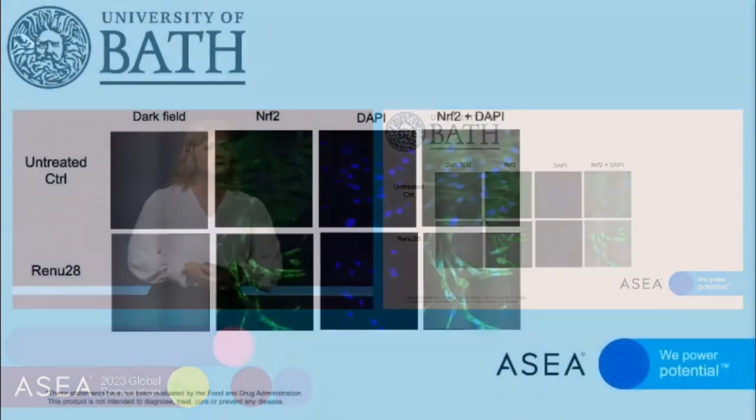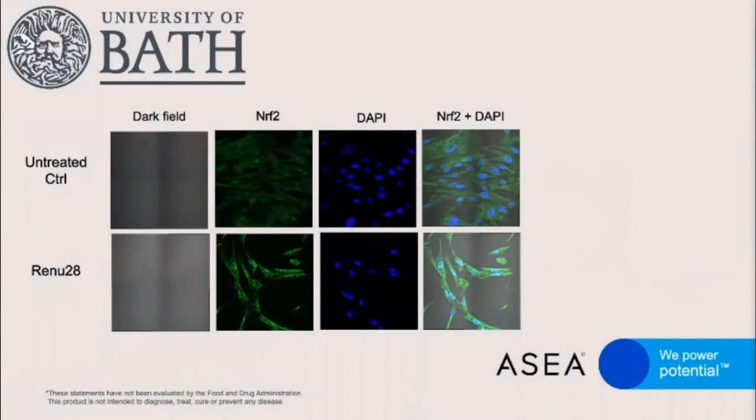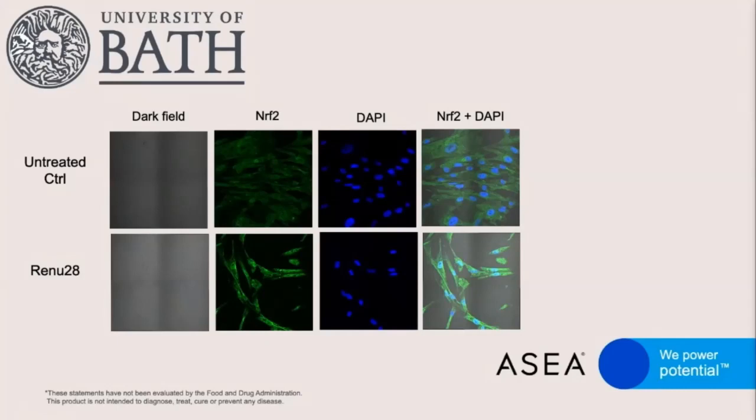The upper images are related to the tests with skin cells that did not receive Renew28. The bottom images are related to the tests where Renew28 was added to the cells. After the treatment, the cells were analyzed for the presence of NRF2.